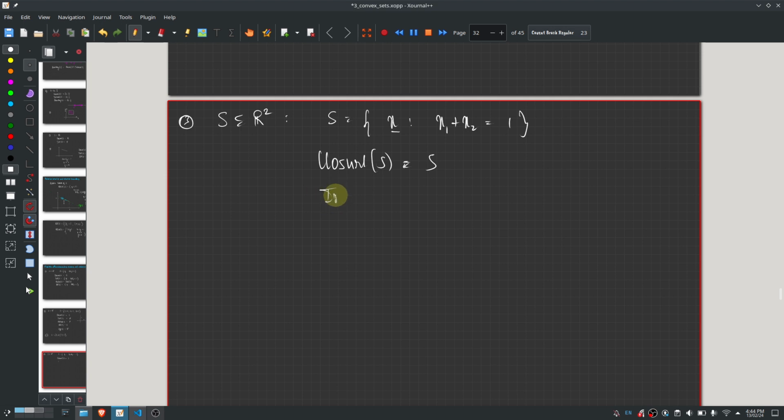The interior is empty because it's not in R2, it's not solid. It's a one-dimensional object in R2. But what is the relative interior of S? S itself.